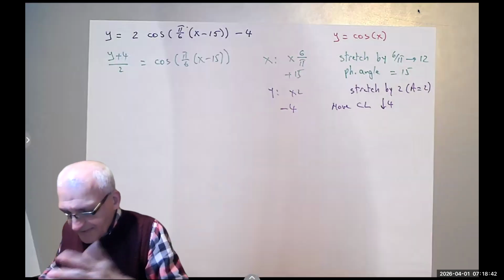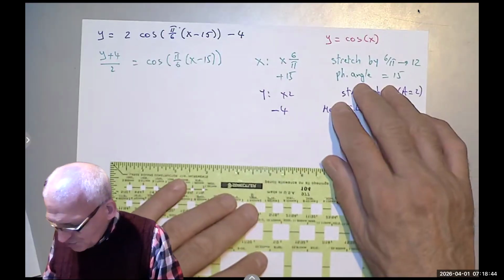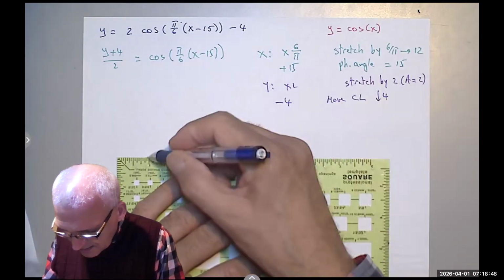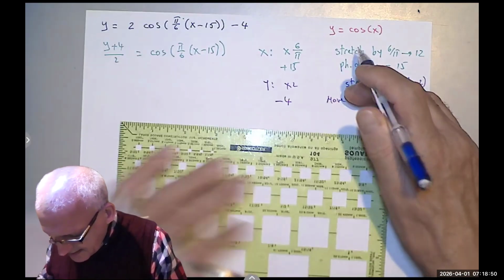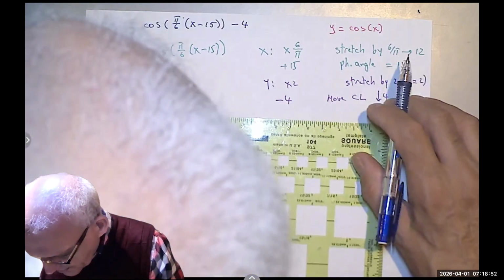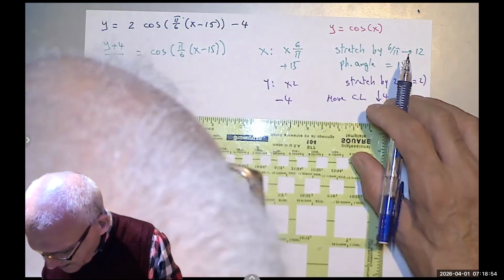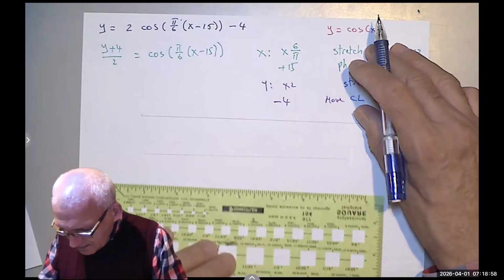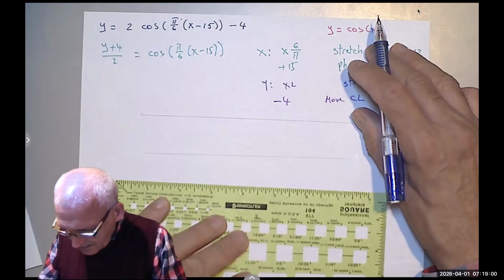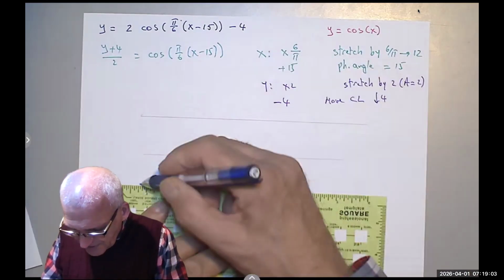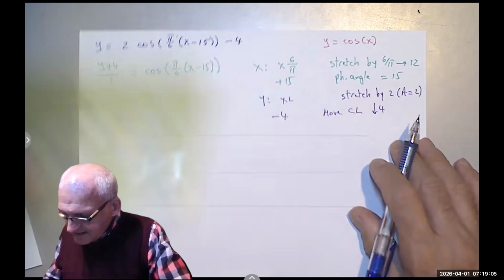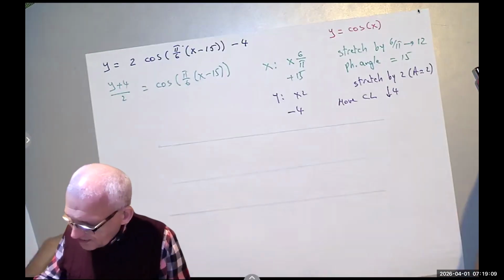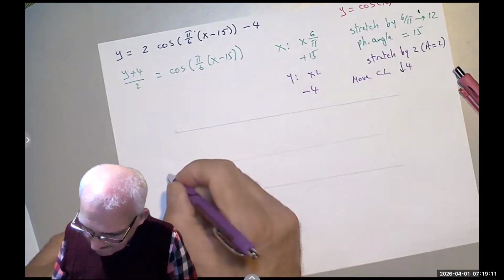I'm going to say, without constructing any table, I'm going to draw a center line, a max and a min, or an upper and a lower. So the first thing I say is that the center line is at -4, right?